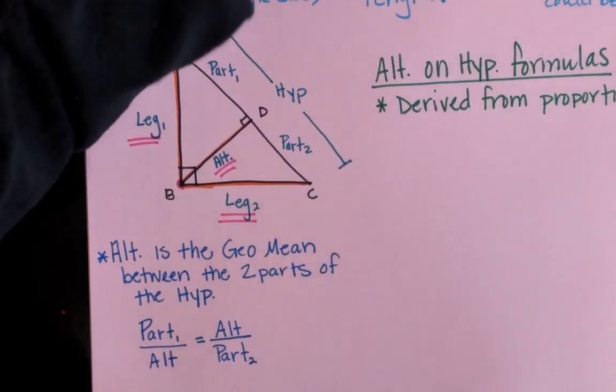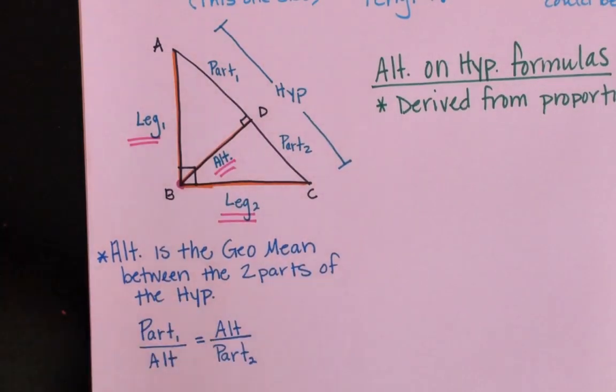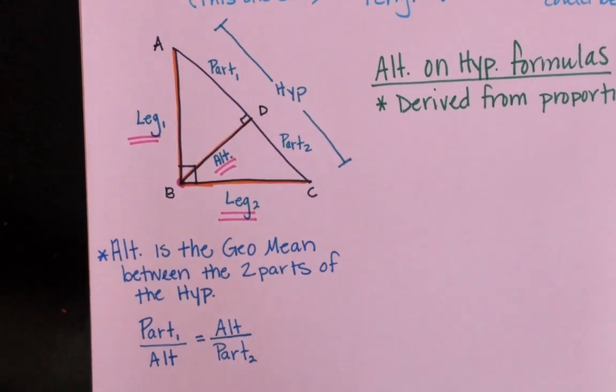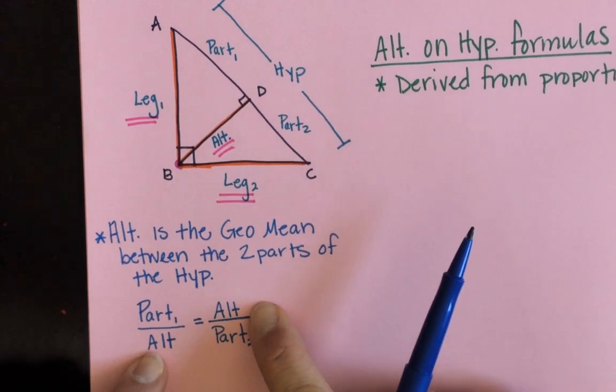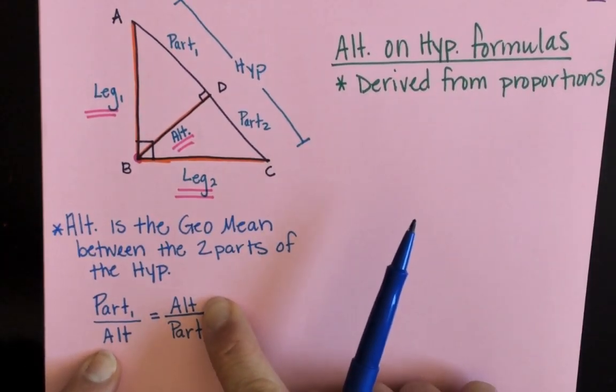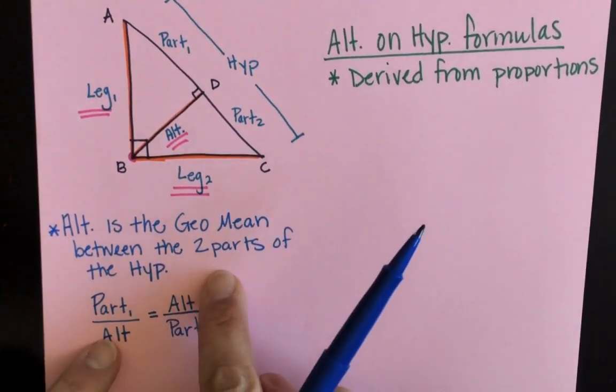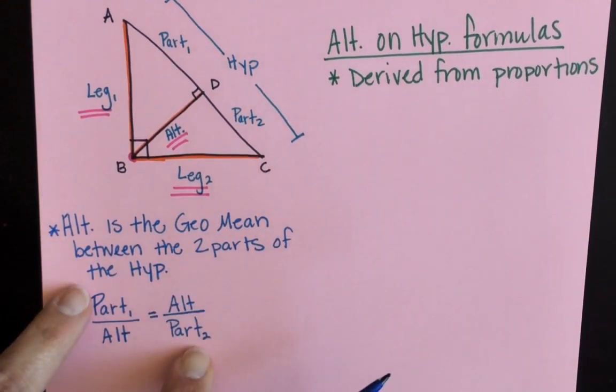It's a lot to remember, so one of the tricks is you can do this. Notice where our altitude is placed in our proportion. It's in the means position, and our parts are in the extremes position.